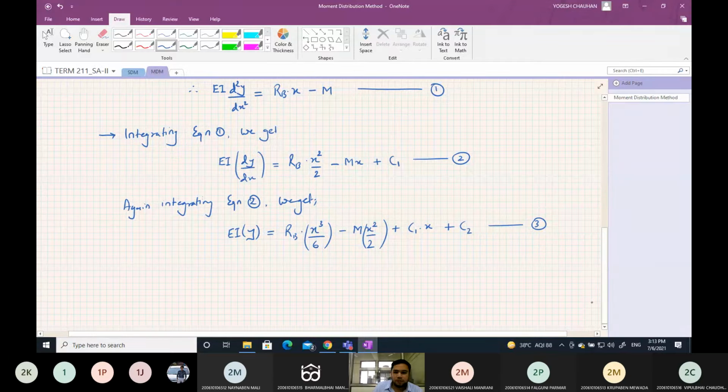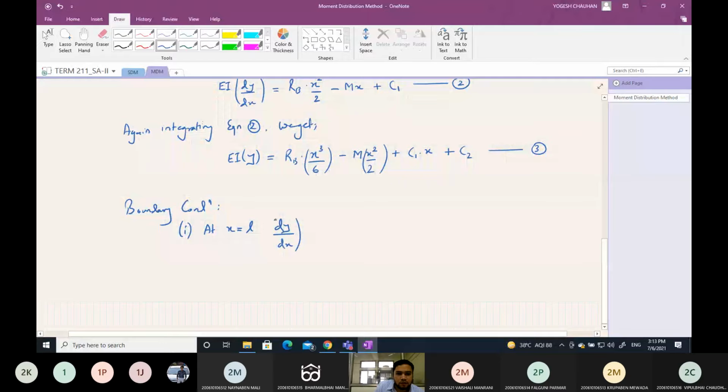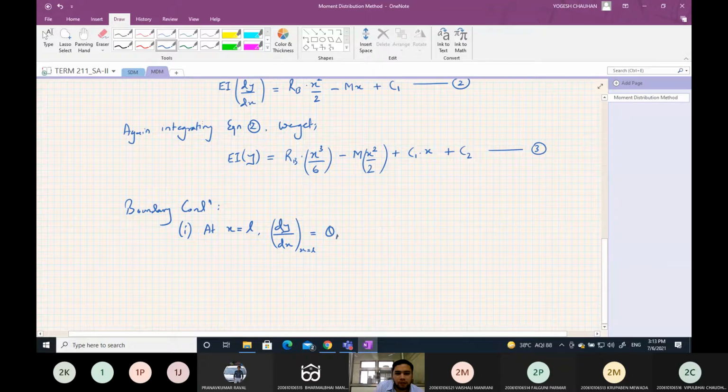Now we apply the boundary conditions. So the first boundary condition is at x equals to L, dy by dx, which is nothing but the slope, at x equals to L, which is the slope at A, is equal to 0.